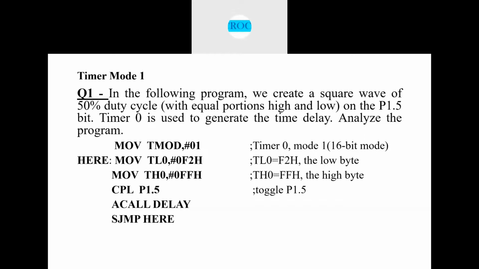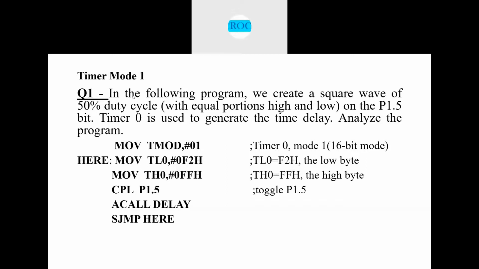Timer 0 is used to generate the time delay. Analyze the program. In a square wave, we have an on period where the signal is high and an off period where the signal is 0.